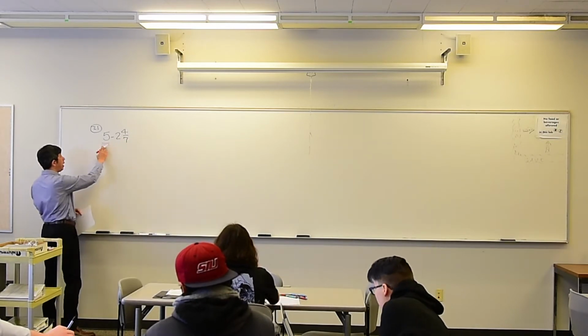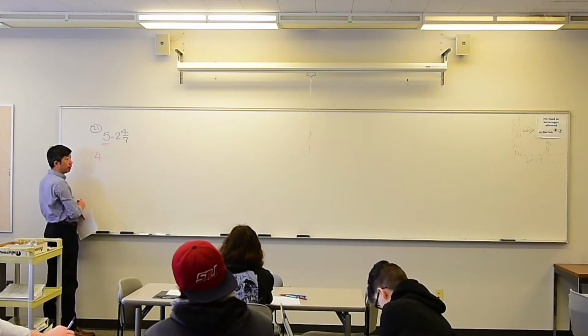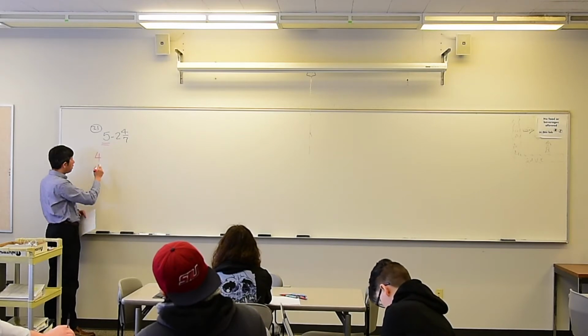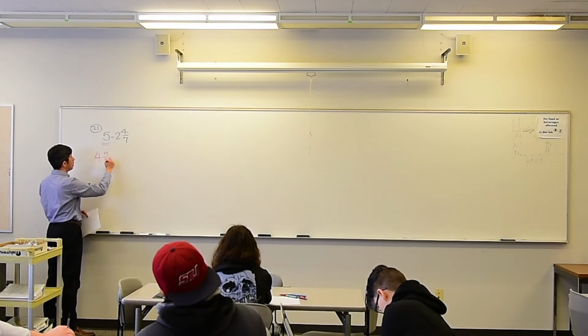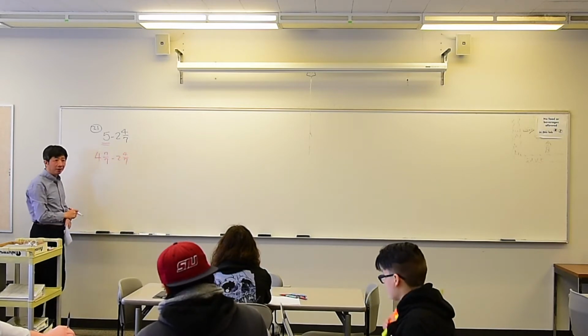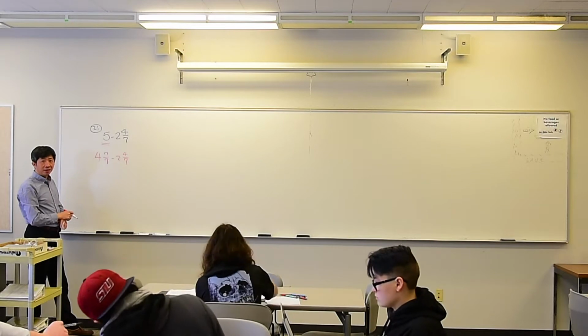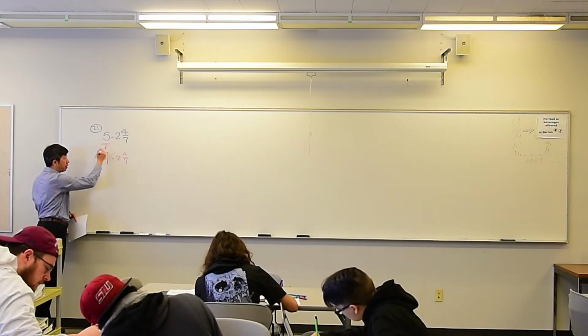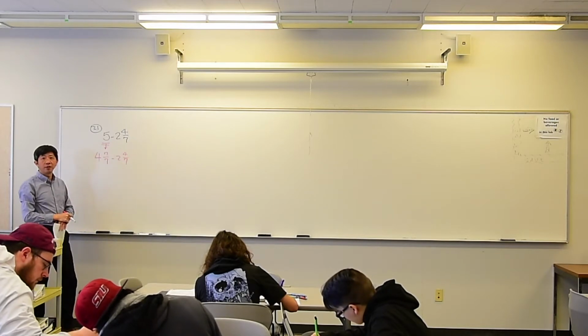Can we change a 5 as a 4 and what? 4 and what? 7 over 7, yes. If the kids understand the concept that 5 is equal to this, they can do this efficiently, right?